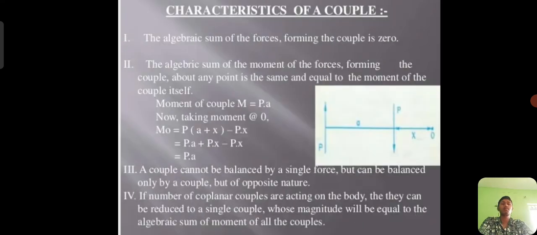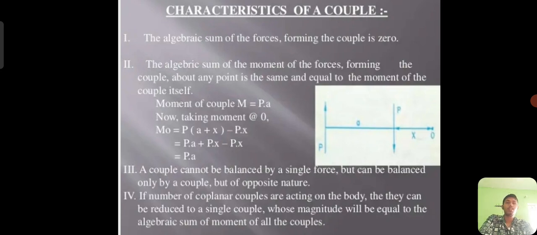Characteristics of a couple. First, the algebraic sum of the forces forming the couple is zero. Second, the algebraic sum of the moments of the forces forming the couple about any point is the same and equal to the moment of the couple. The moment of the couple equals M equals P into A. Now taking M, according to the equation, we can write P into (a plus x) minus P into x, and the final result we get is P into a.